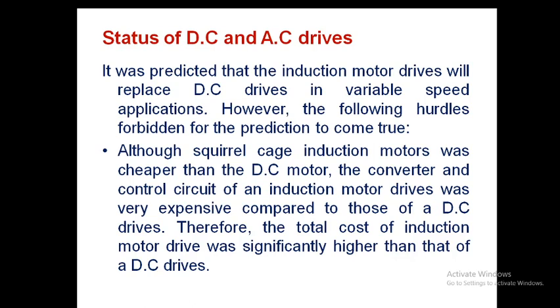If you compare that cost with the AC drive, the squirrel cage induction motor with its associated control circuit is costlier than the DC drive, because even though the squirrel cage induction motor is cheaper, the control circuit becomes costlier. Because of that, the overall cost of that particular AC drive was more.